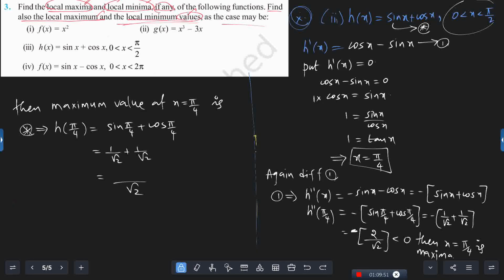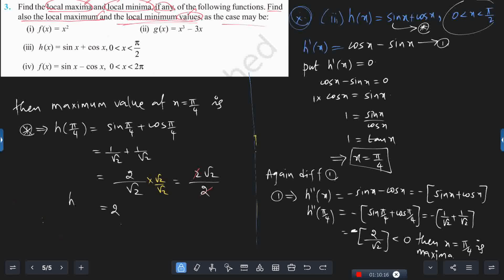Root 2 is common, 1 plus 1 is 2. Children listen, we can rationalize the denominator like this. I am multiplying both numerator and denominator by root 2. Other way, 2 you can also write as root into root 2, that is also one method, that is our wish. Root 2 into root 2 is 2. 2 root 2 is what I'm getting. Now you can cancel 2.